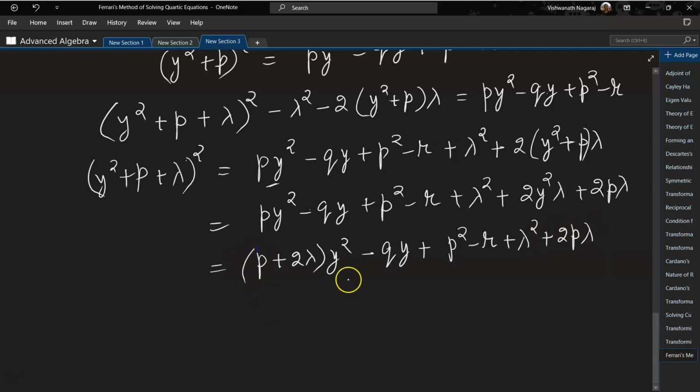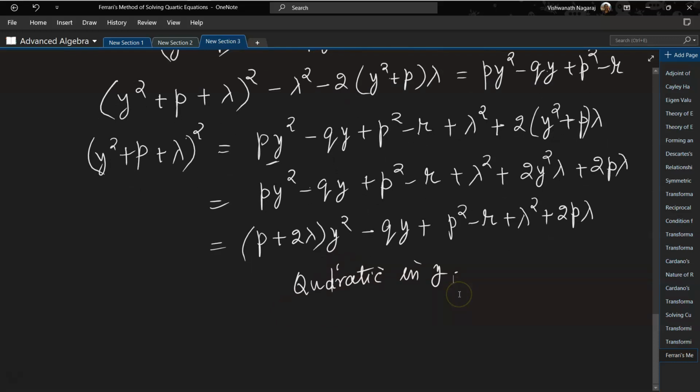Okay. So we have a quadratic equation in y, and we want this to be a perfect square. A quadratic will always be looking like this: (sy + t)², something like this will come, which when you expand, you will get this.